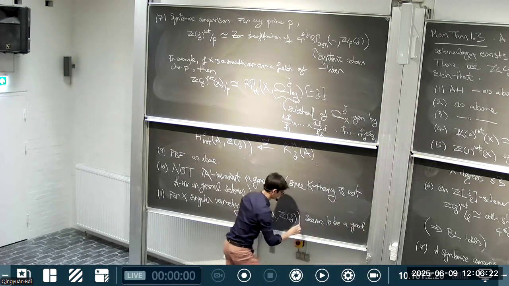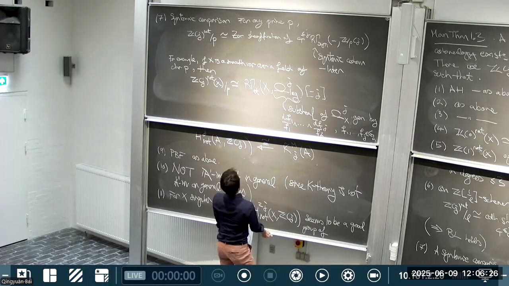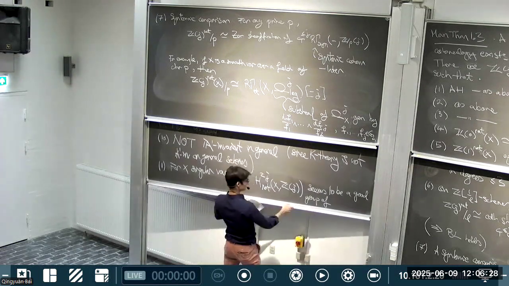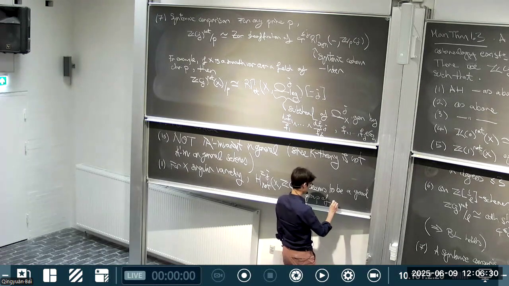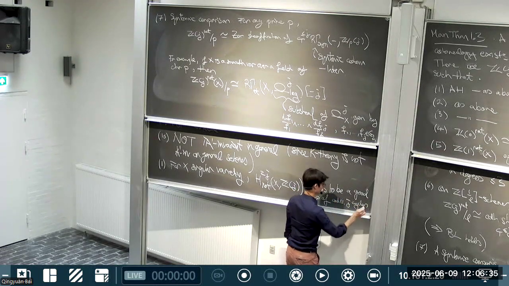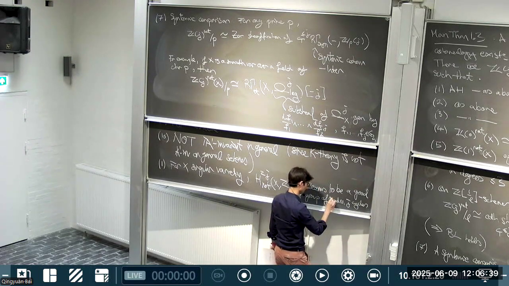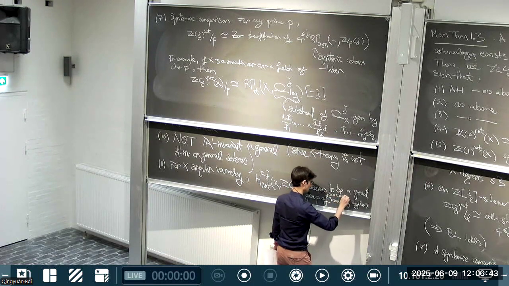And this seems to be a good group of codimension j cycles. Let me insert one adjective: homological.